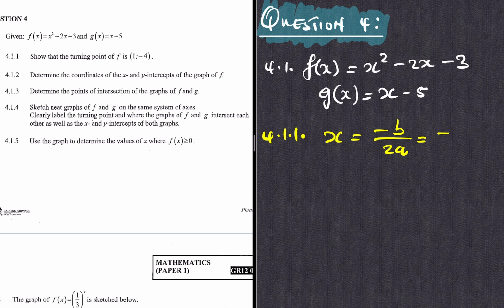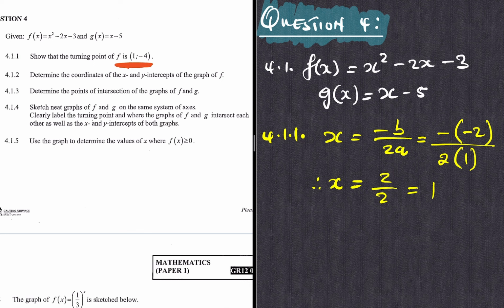Remember, b is the coefficient of x in a quadratic expression, or polynomial rather. This is 2 into a, which is 1. If you do it nicely, it's going to give you 2 over 2, which ties down to positive 1. Therefore, x equals 1, the one which they are talking about.